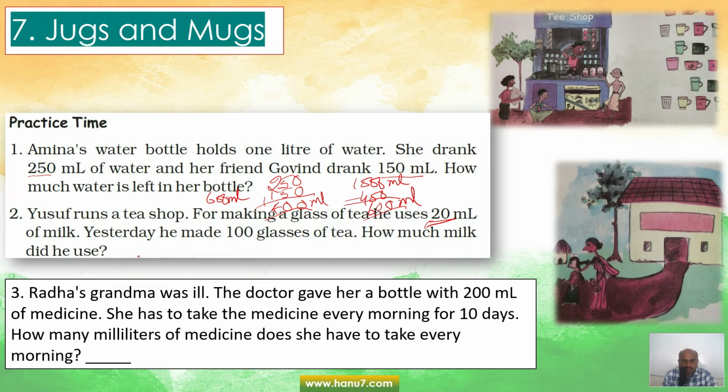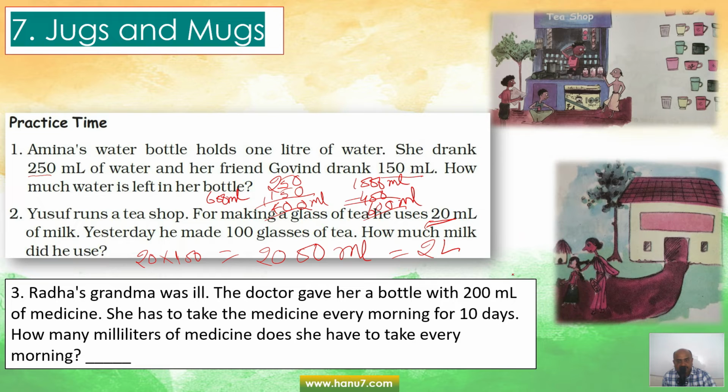Okay, so 20 ml into 100, because we know that for 1 glass it is 20 ml. For 100 glasses it is 20 ml into 100, that is equal to 20 ones are 20 and 2 zeros as it is. Okay, so 2000 ml, that is equal to 2 liters. Okay, so 2 liters is the answer for this question.